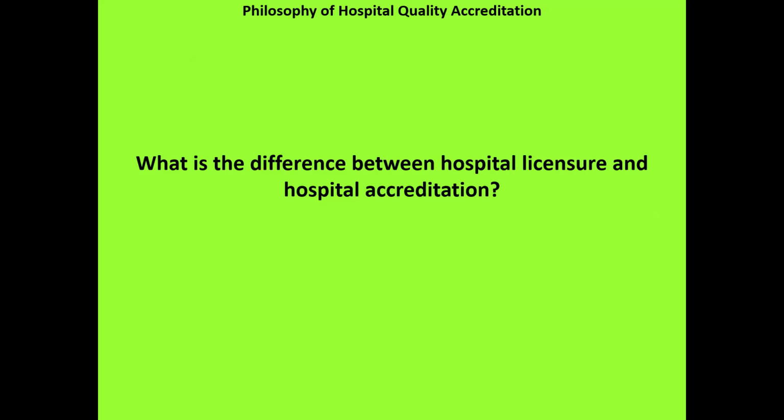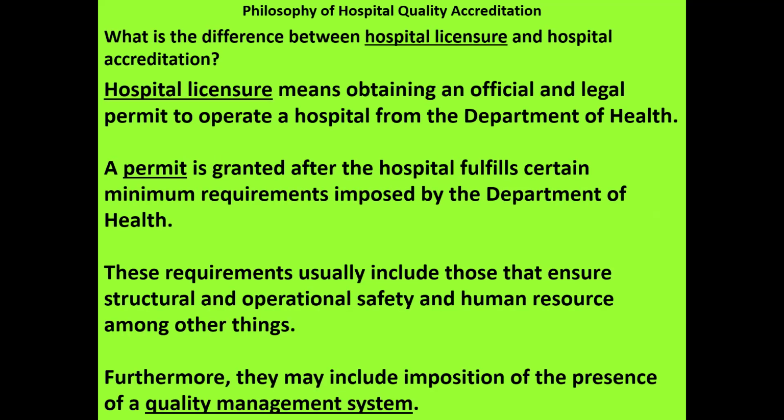So first of all, what is the difference between hospital licensure and hospital accreditation? Hospital licensure means obtaining an official and legal permit to operate a hospital from the Department of Health or Ministry of Health. A permit is granted after the hospital fulfills certain minimum requirements imposed by the Department of Health or Ministry of Health.